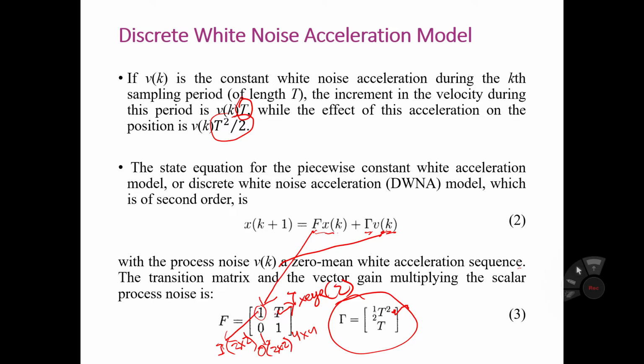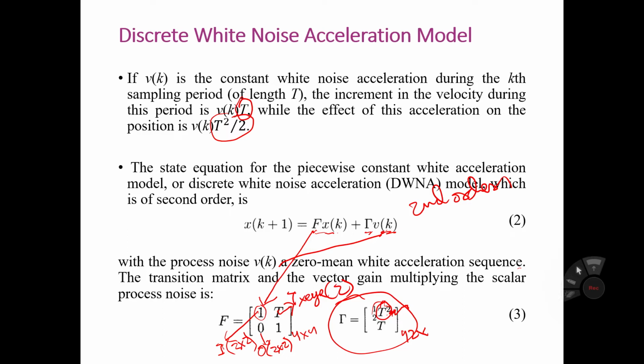So this is the 4 by 4 matrix, which is the second order model. And this gamma is the 4 by 2 matrix, where T square over 2 is multiplied with the identity matrix.